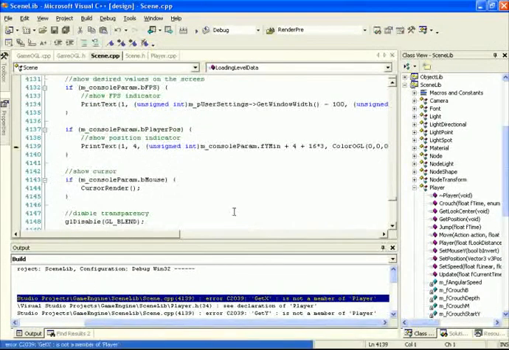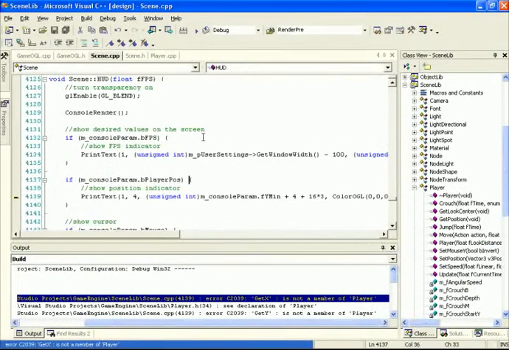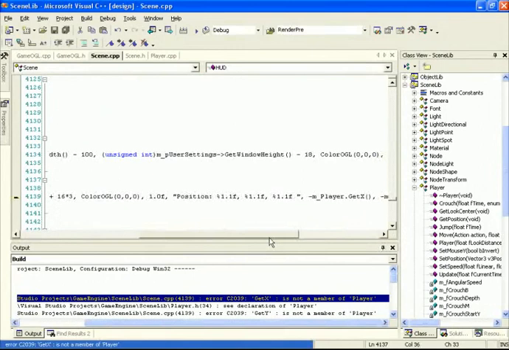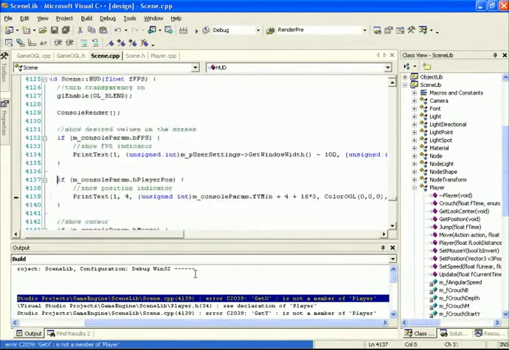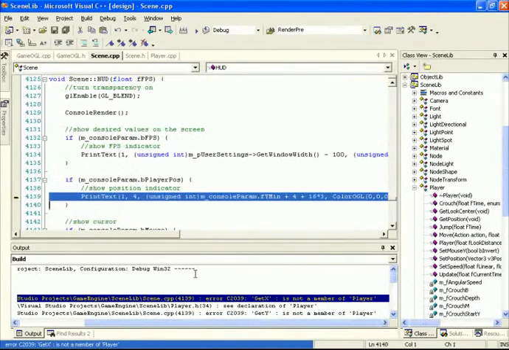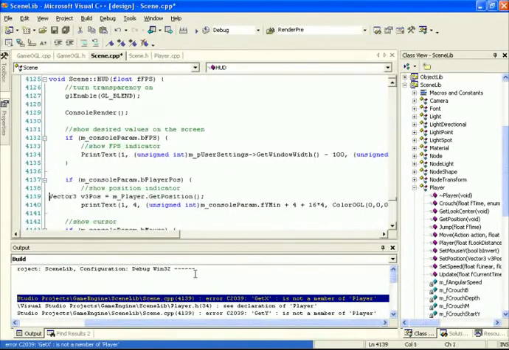Okay, where are we now? Inside of the HUD, we had the option to show the player's position. And when we do that, we had this function where we get the position x, y, z, and to get those values, we called mPlayers get x, get y, get z. We can clean this code up by doing the following now. We're going to create a vector, v3 position.